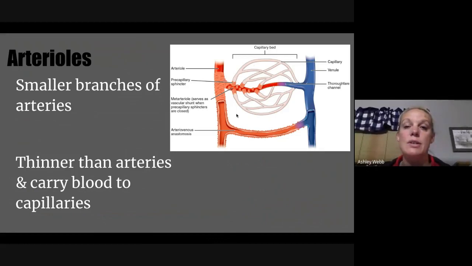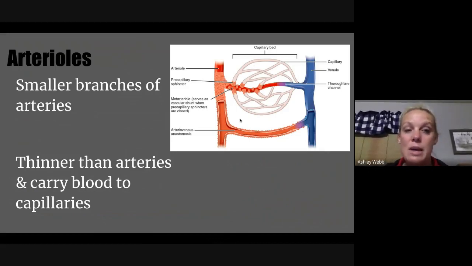We're going to talk about what capillaries are in a minute. Arterioles are thinner than arteries, and they're carrying that blood to the capillaries. So the blood goes from the arteries to the arterioles to the capillaries.